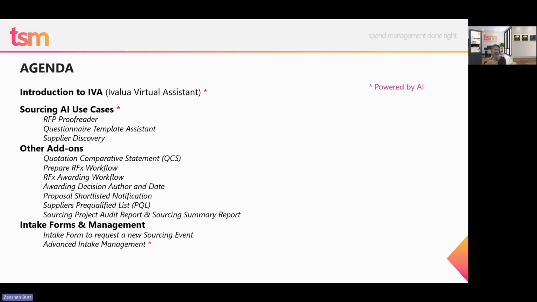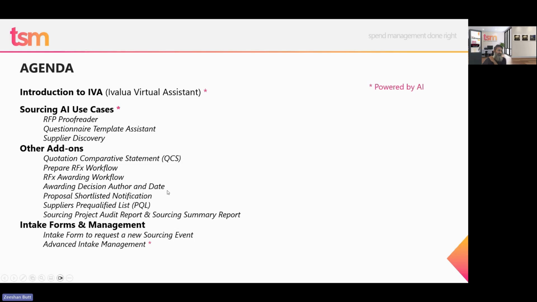Some people also have an awarding team, so that workflow can help get the relevant authorization before you award somebody within the RFP process. And then there are a few things that Ivalua add-ons have added. In the past, we never had a record of who made the decision to award, as well as when they awarded it.